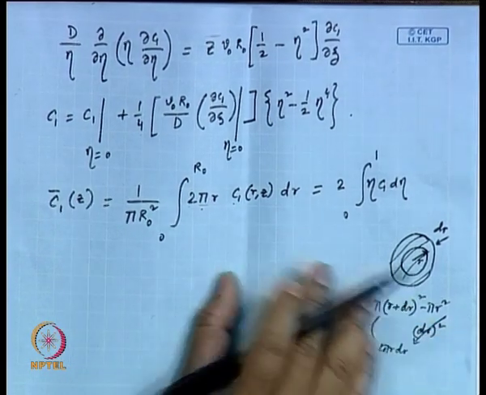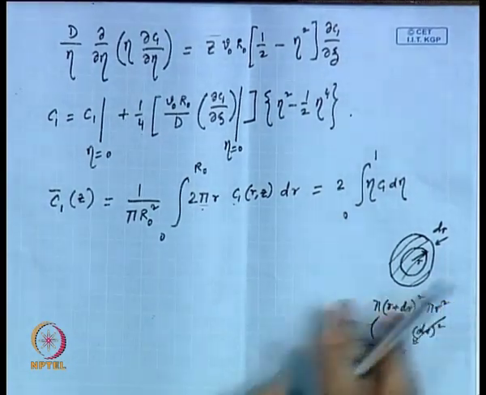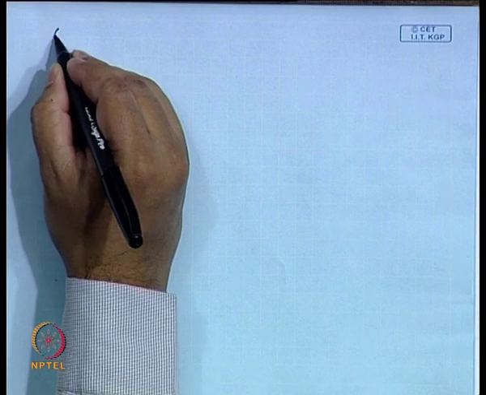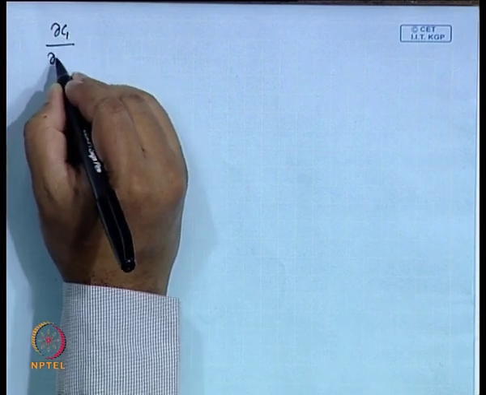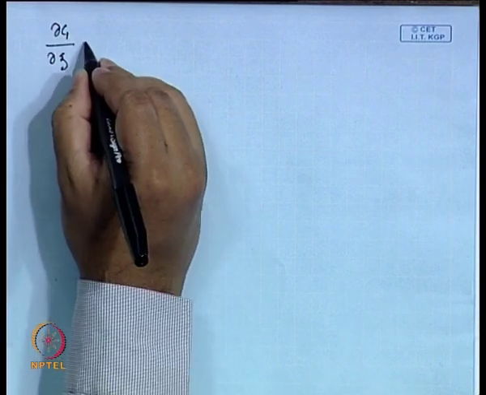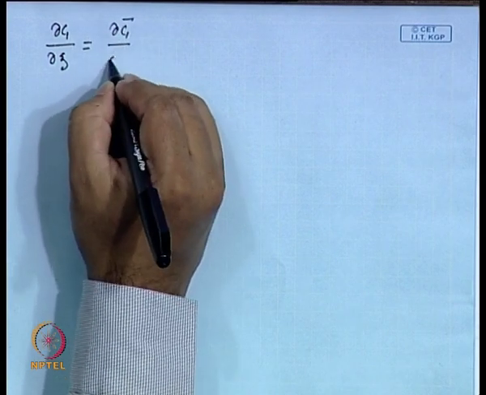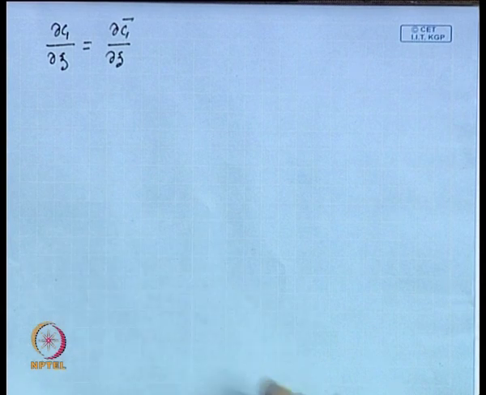Now, here you make an assumption. The assumption is like this, that you are assuming del C1 del zeta is equal to del C1 bar del zeta.